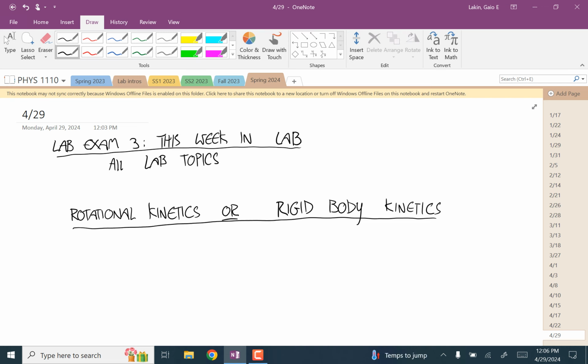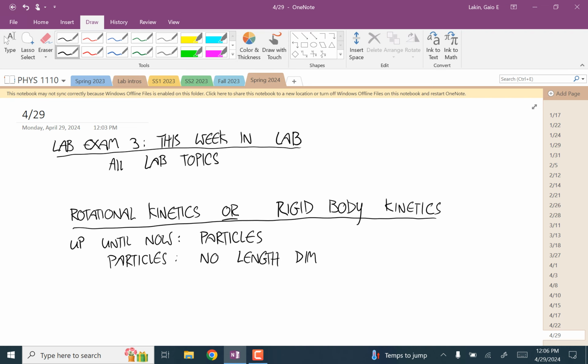And the big change here is, remember, up until this point, we've been dealing with nothing but particles. Particles have no length dimensions.